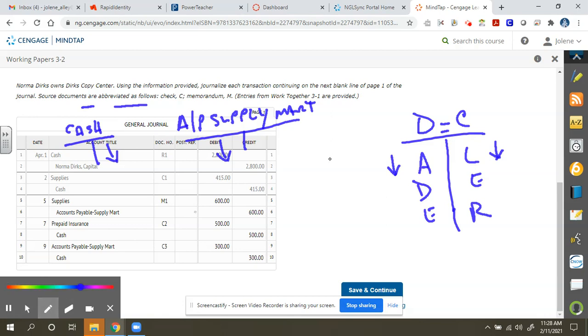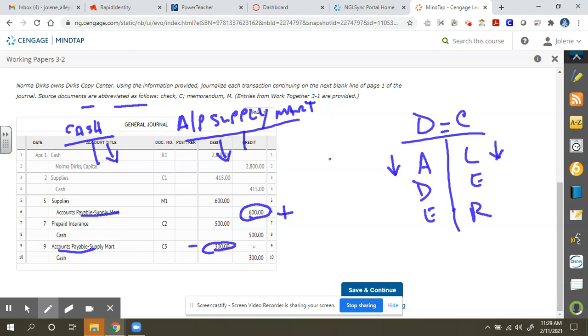Also, you'll notice that right here was the Supply Mart accounts payable, and here's the Supply Mart accounts payable. Accounts payables, they're liabilities. You've got to pay them later. That's a credit balance. They increase on the credit side. But since we put it on the debit side here, it actually subtracts from it.